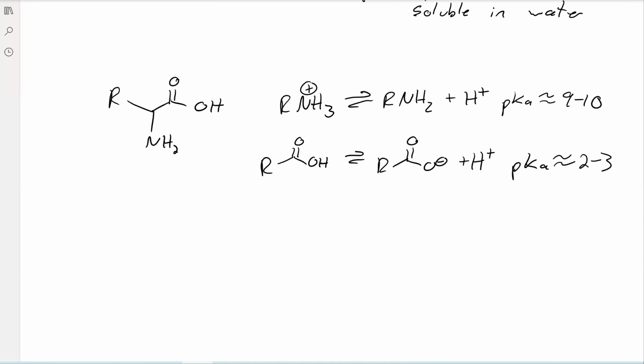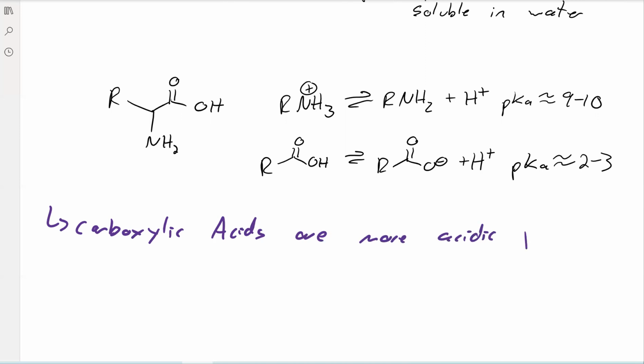And so the first thing that we notice is that the pKa value of the carboxylic acid is significantly lower, remember it's a logarithmic scale, than the protonated amine. So our carboxylic acids are actually more acidic than protonated amines, which might not be what you thought of at first, right?